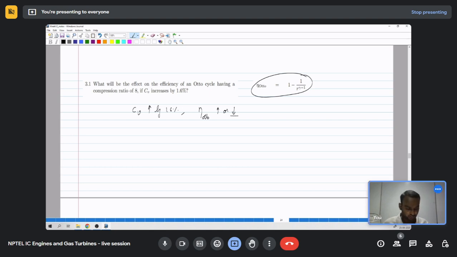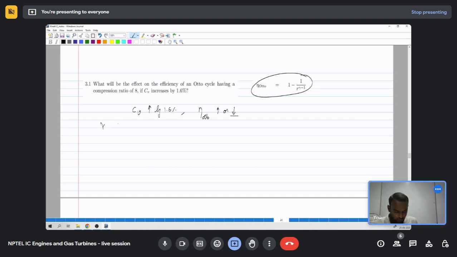Okay, so we can solve and find it. Now we have this expression, and in the expression we have gamma. We are looking only at the value of Cv, which goes up by 1.6%. So we will write this Otto cycle efficiency in terms of gamma. First I would express the relationship between gamma and Cv.